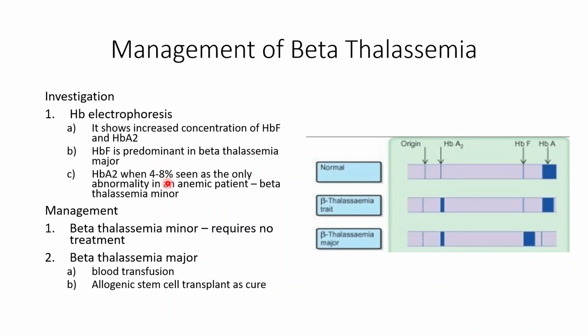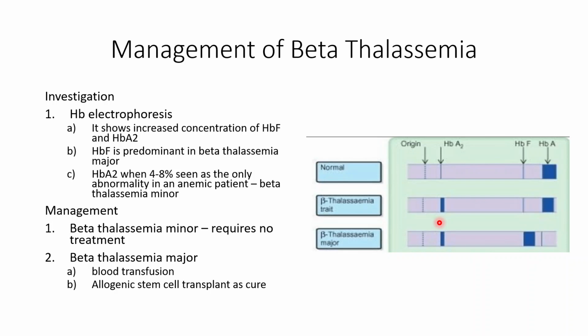It might be the only abnormality seen in an anemic patient, and then it is diagnosed as beta thalassemia minor. So how do we diagnose beta thalassemia minor? Any patient who is anemic, on hemoglobin electrophoresis, if the hemoglobin A2 levels are between 4 to 8%, is diagnosed as having beta thalassemia minor unless proven otherwise.